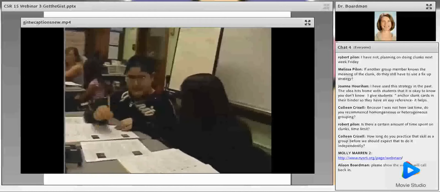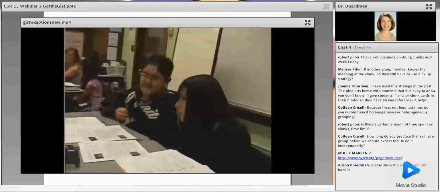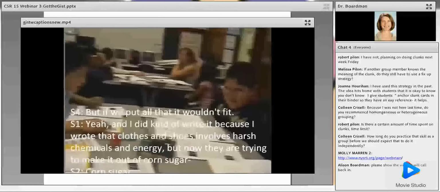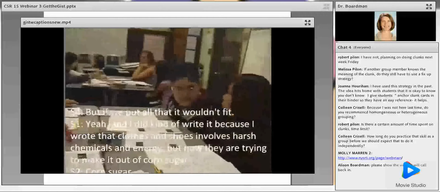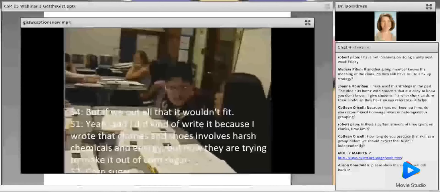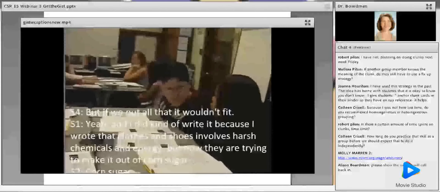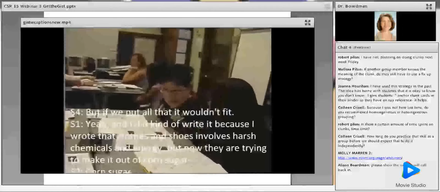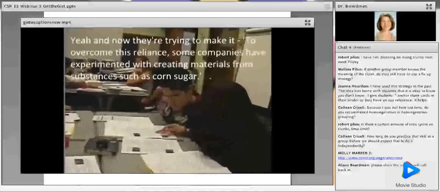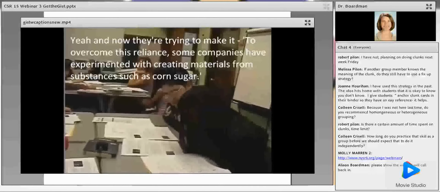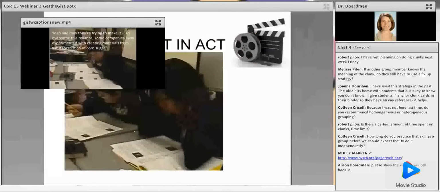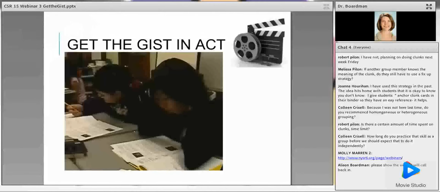Well, if we put all that, it wouldn't fit. And I did kind of write it because I wrote the clothes and shoes involve harsh chemicals and energy. But now they're trying to make it out of corn sugar. Yeah, now they're trying to make it. It says, to overcome this reliance, some companies have experimented with creating materials.